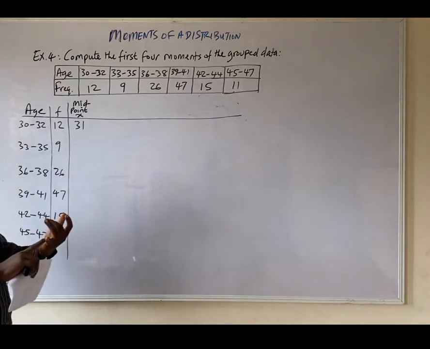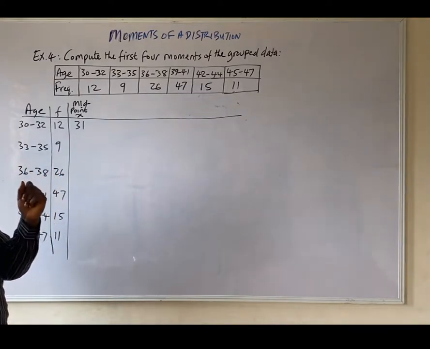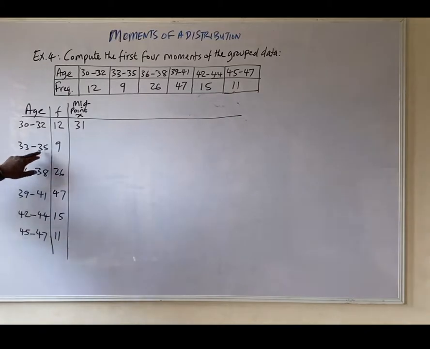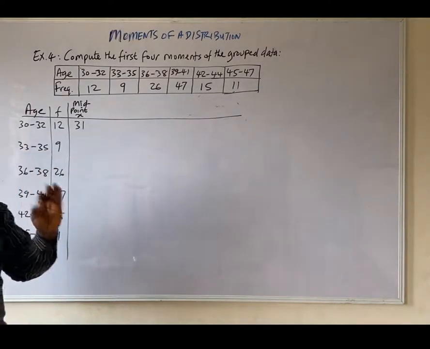We have 30, 31, and 32. 3, that's our class interval. Or you find the difference between the upper class limit of a previous class and the upper class limit of the current class. In this case, 35 minus 32 is 3. 38 minus 35 is 3. So 3 becomes the class interval.